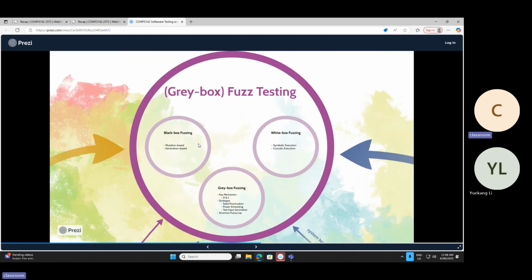And then we combine the knowledge of the color of boxes and levels of testing to have gray box fuzzing. So gray box means it's the color of box, and fuzzing is actually a type of system testing technique.